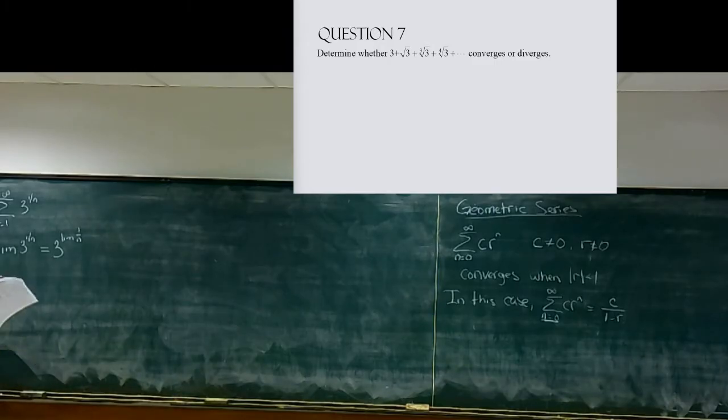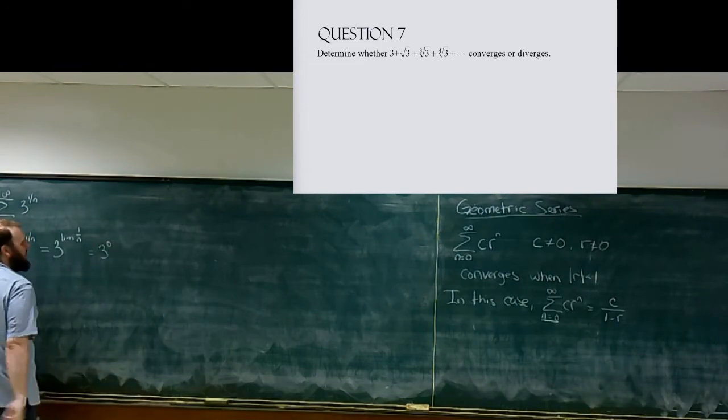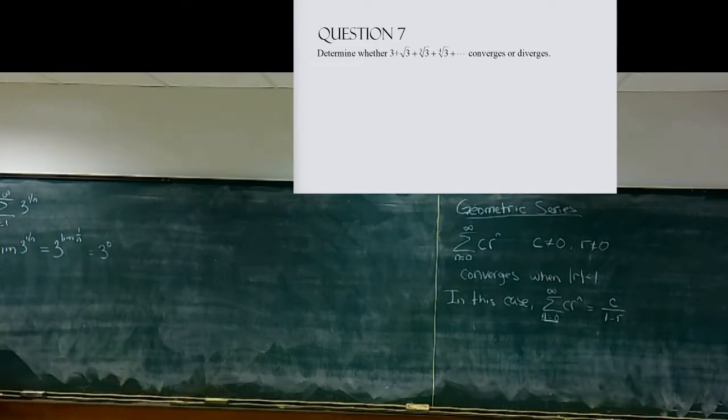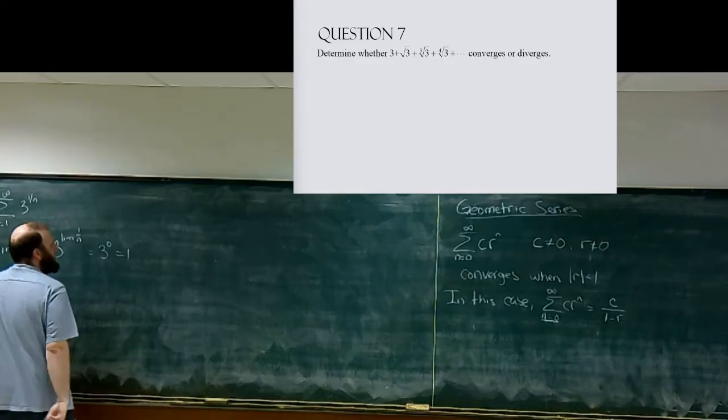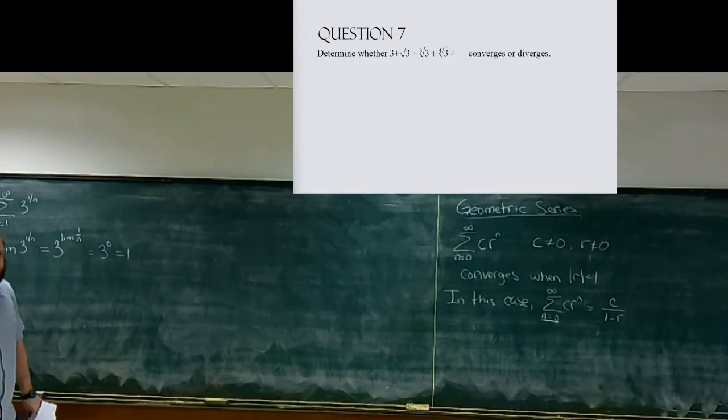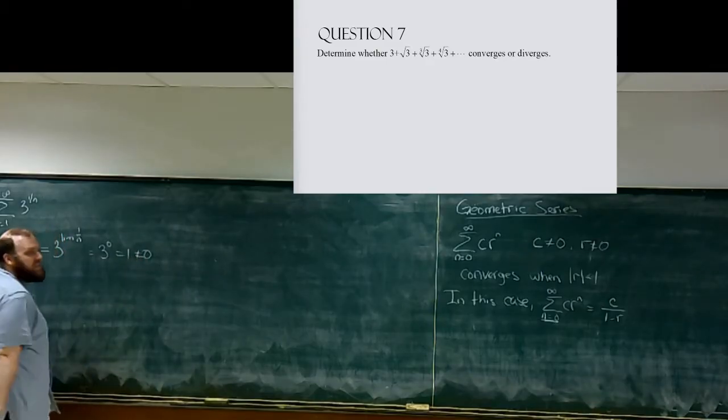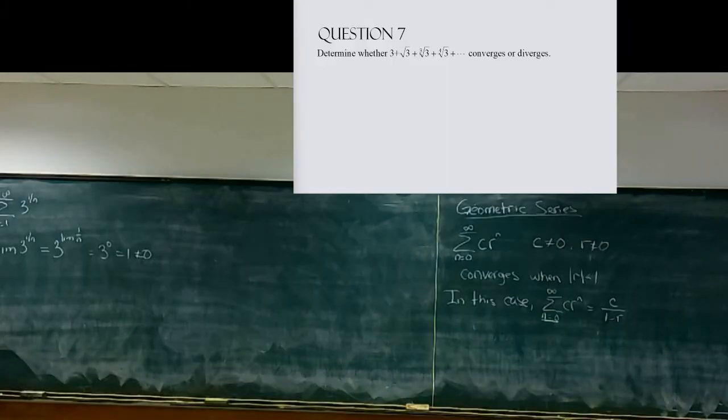The composite function theorem says I can do this: 3 to the limit of 1 over n. What is the limit of 1 over n? It converges to 0. It's 3 to the 0, which is 1. Is that 0? Series diverges by the divergence test.